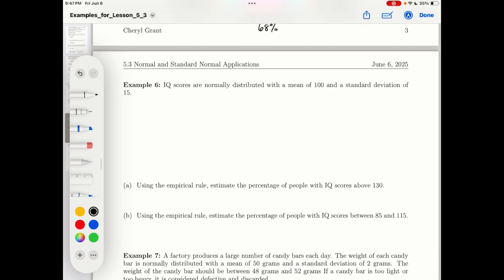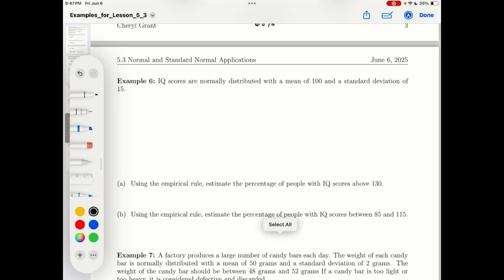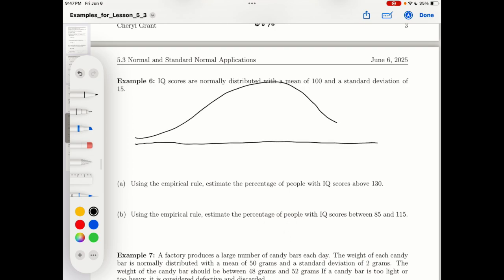Looking at example 6, it says IQ scores are normally distributed with a mean of 100 and a standard deviation of 15. So here's our graph. 100 is going to be in the middle, and we're going to go out 3 standard deviations in either direction. And since we have a standard deviation of 15, this is going to be 115, 130, 145, and then going in the other direction, this is going to be 85, 70, and 55.